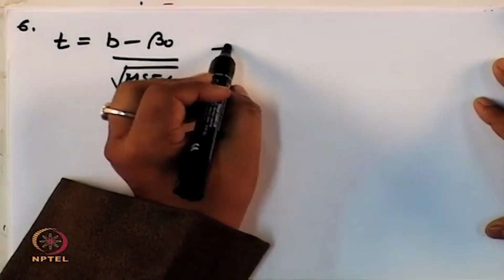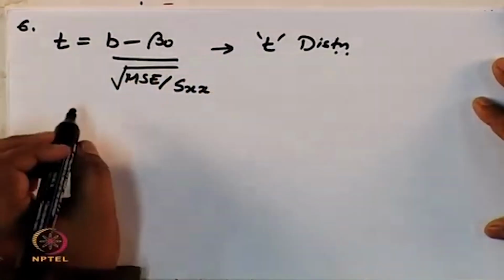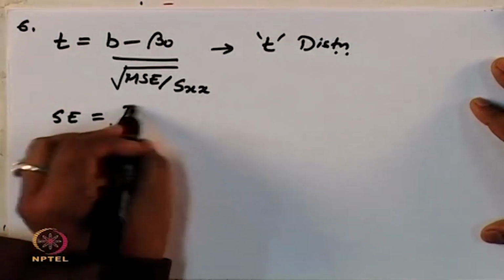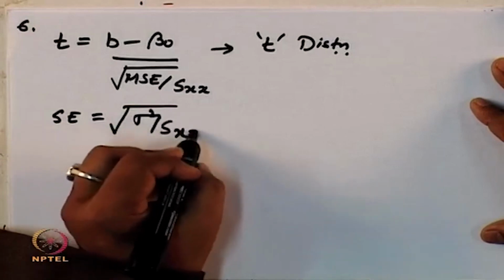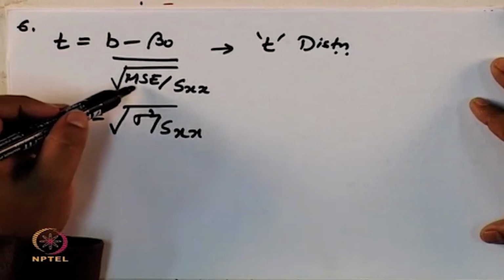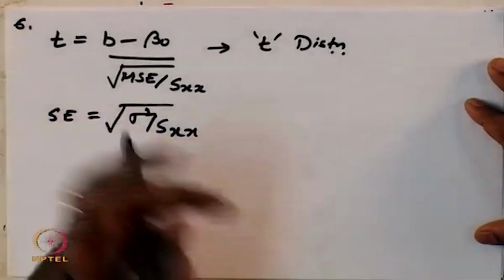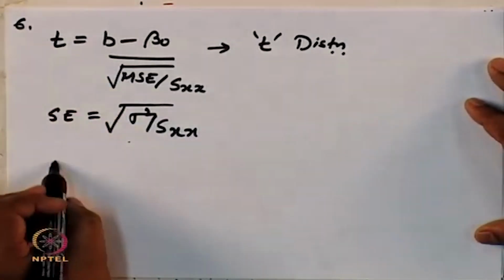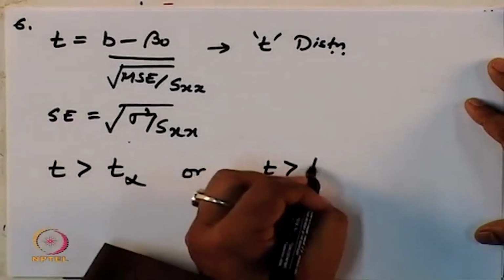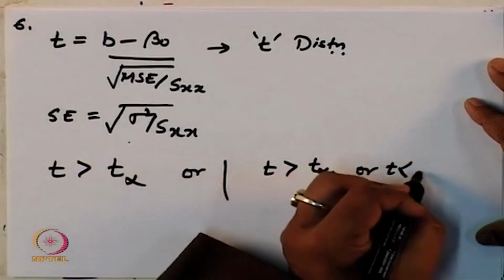So, this follows the t distribution, because your standard error is root of sigma square by Sxx, and as we found, your MSE is the unbiased estimate of sigma square. Okay. And once again as per the test, once you calculate the t statistic, if t is greater than t alpha or t is greater than t alpha by 2, so this is for the single tail test, or t is less than minus t alpha by 2.